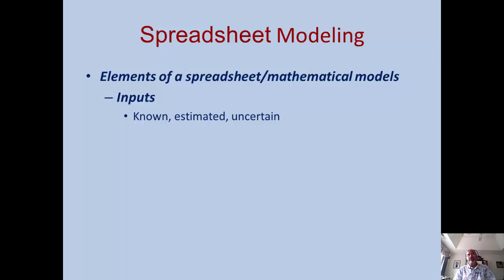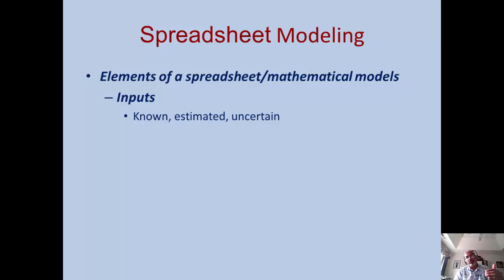So even in the case of demand, you may not be able to precisely estimate what the demand is going to be. So you probably will come up with some probability estimates. Demand will be 100 units with probability 20%, 150 with 30%, and so on. So you may have inputs that are uncertain, so you have to associate some probabilities or some probability distributions with them.